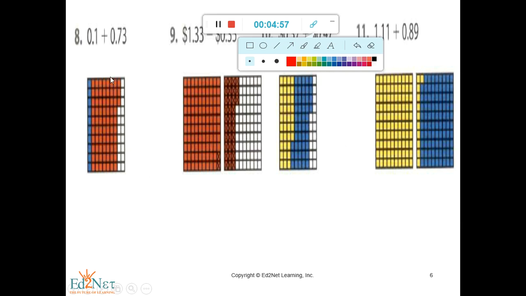Now I complete 73 hundredths and I see where I arrived. Do I need to draw another grid? No, because we didn't complete the first one. So the answer will be here: 10 plus 73 equals 83 hundredths. It can be written as 0.83.